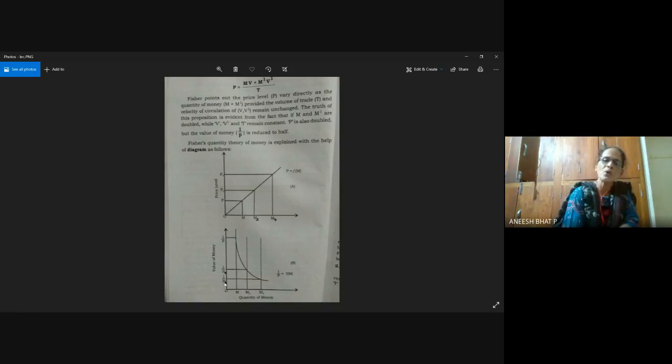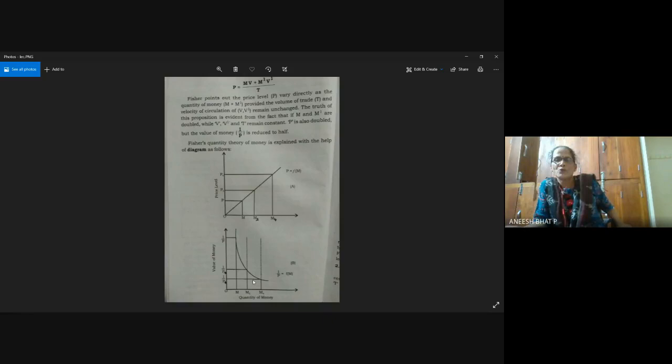So when there is continuous increase in the quantity of money, value of money falls continuously, from 1 by P, 1 by P2, to 1 by P4. So there is a reciprocal relationship we can observe here.